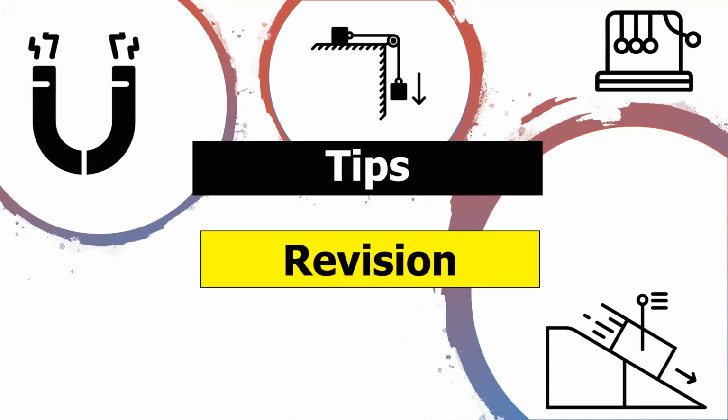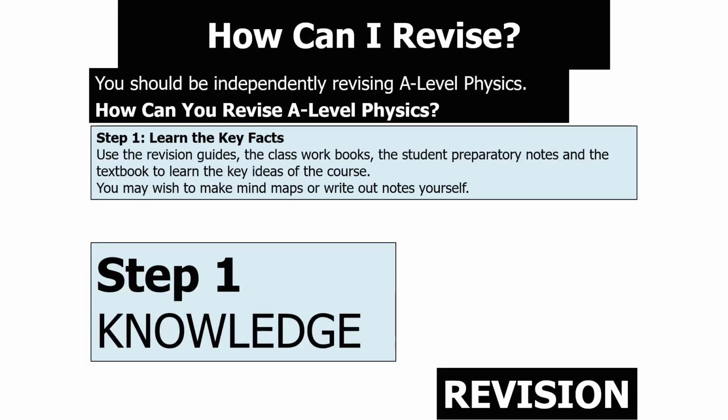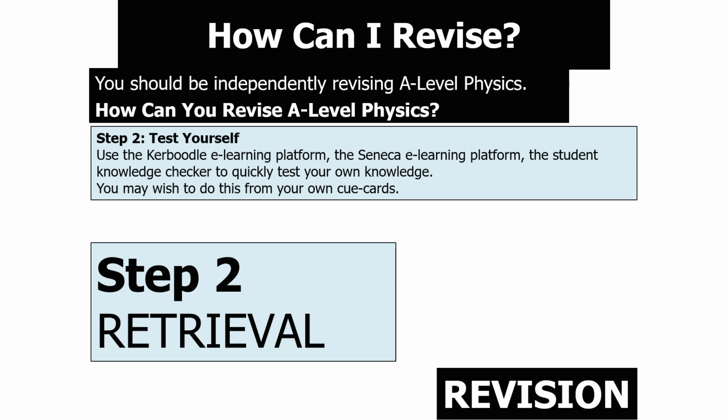Now, how should you be revising your A-Level Physics? The first step is to learn the key facts. So use the revision guides, class workbook, student prep notes and the textbook to learn the key ideas of the course. You might wish to make mind maps or write out notes yourself. The second step is to test yourself. So use the Caboodle e-learning platform, the Seneca e-learning platform, student knowledge checkers to quickly test your own knowledge.